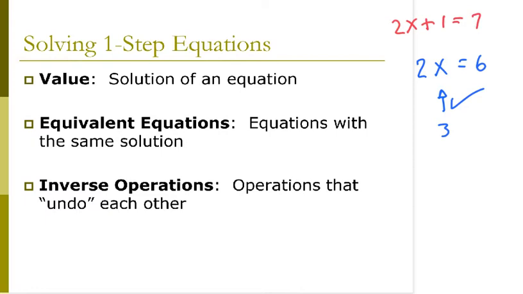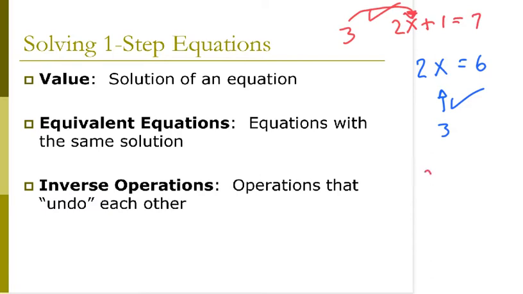Up at the top, if we put a 3 here, 2 times 3 is 6. 6 plus 1 is 7. So if we erase the x and put 3 here, it would also work. So in other words, 3 works for both equations.